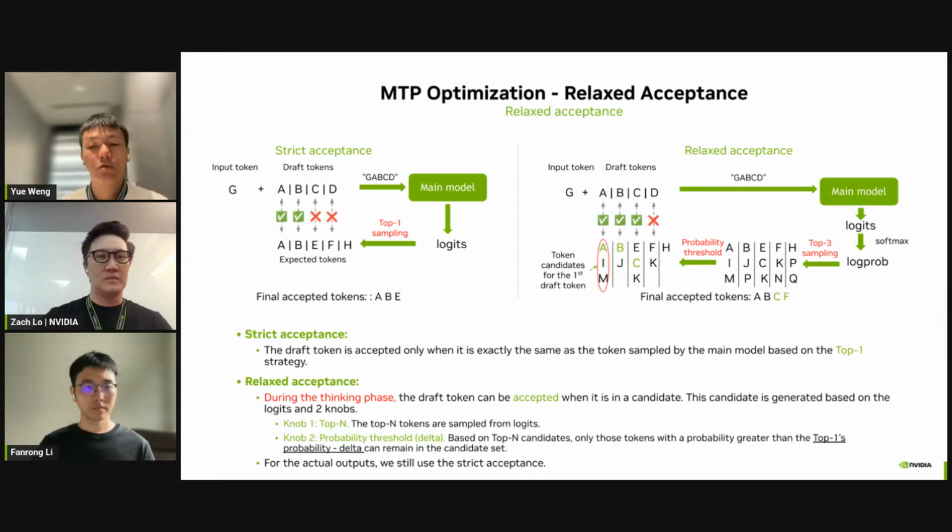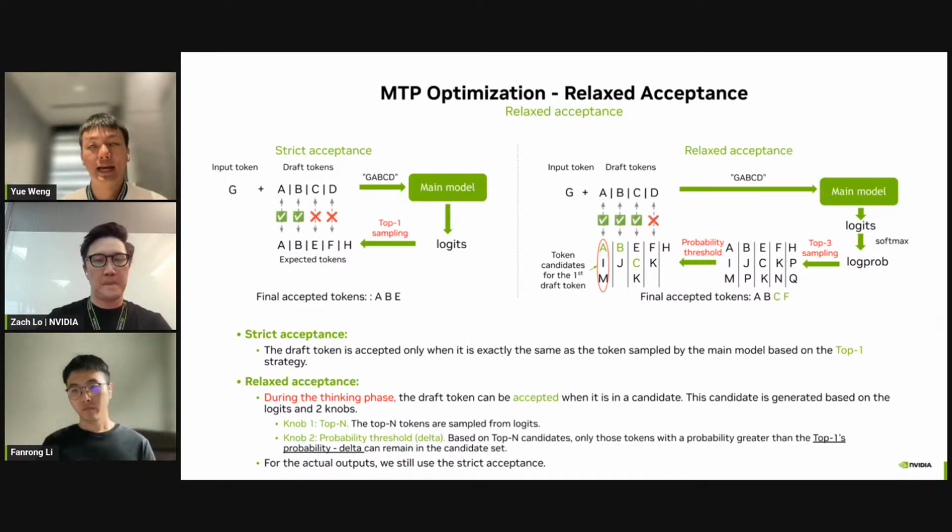Based on the top M tokens, we further screen, and only when the probability of a token is no less than the top one probability minus delta can it be retained in the candidate set. The purpose is to filter out tokens with a large probability gap from the top one token, which may be totally different from the top one.